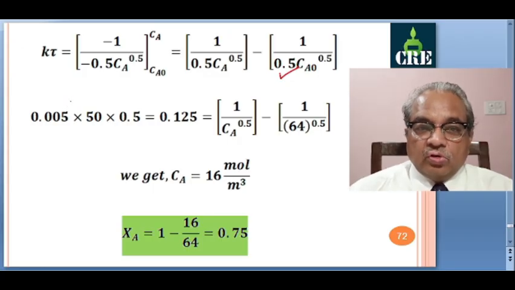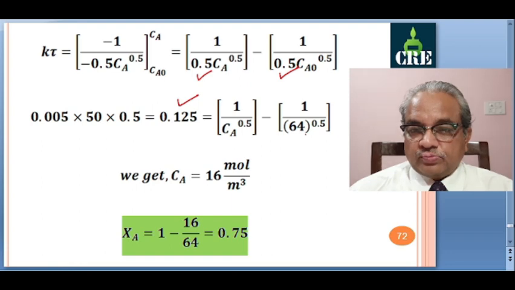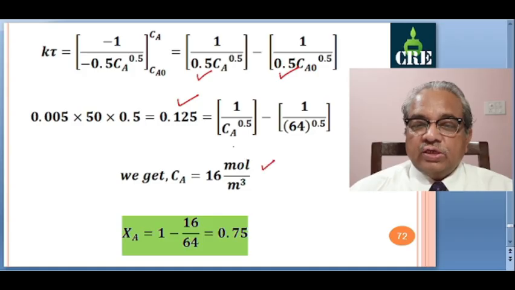So K tau and this constant 0.5, when you multiply, is 1.125, and that is equal to 1 upon Ca raised to 0.5 minus 1 upon Ca0 raised to 0.5. Ca0 is given as 64. Only Ca is unknown, so you solve this for Ca. You get Ca as 16 moles per meter cube.